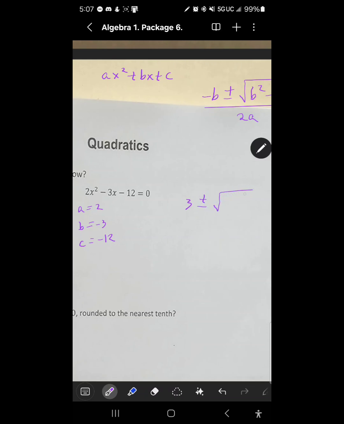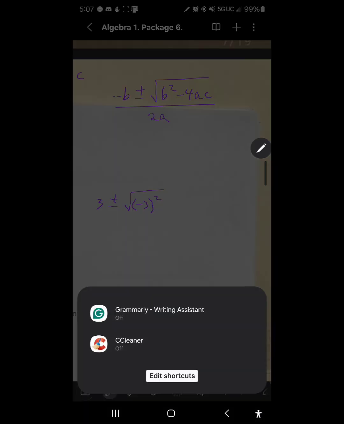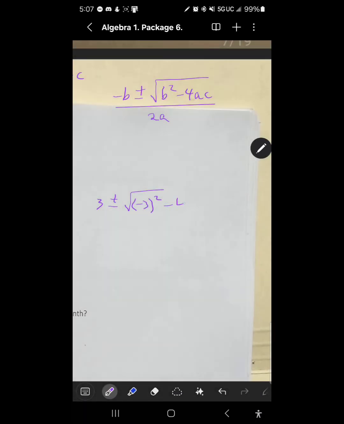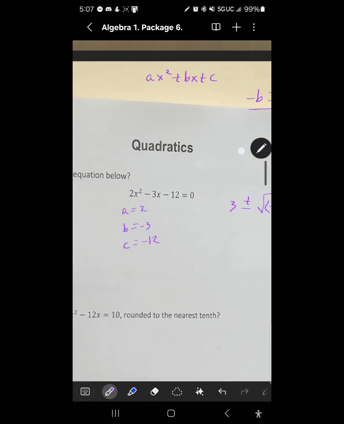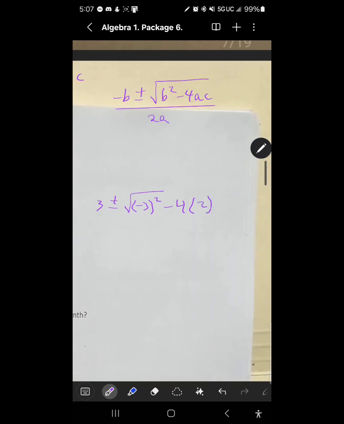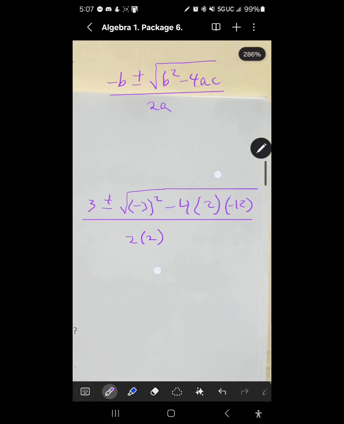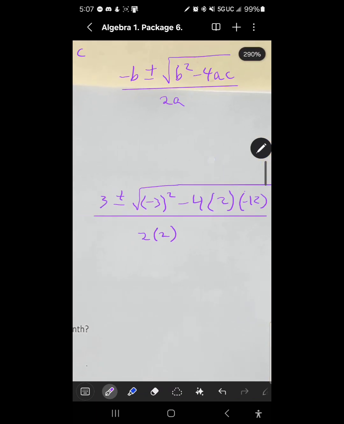Plus minus square root of negative 3 squared, minus 4 times a, which is 2, and c is minus 12. And all this over 2a, and we just say that a is 2.